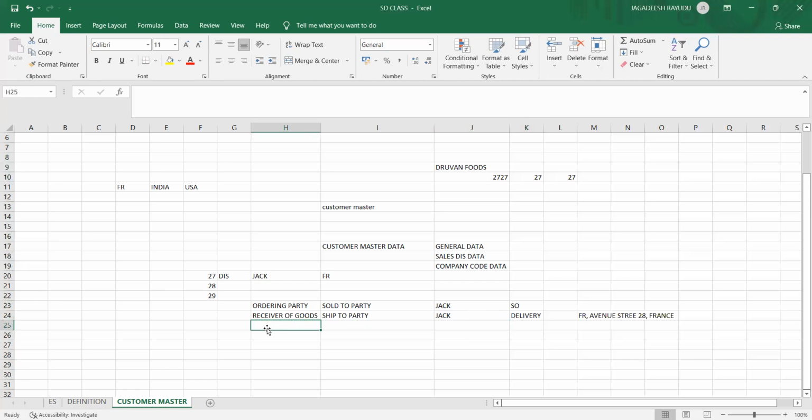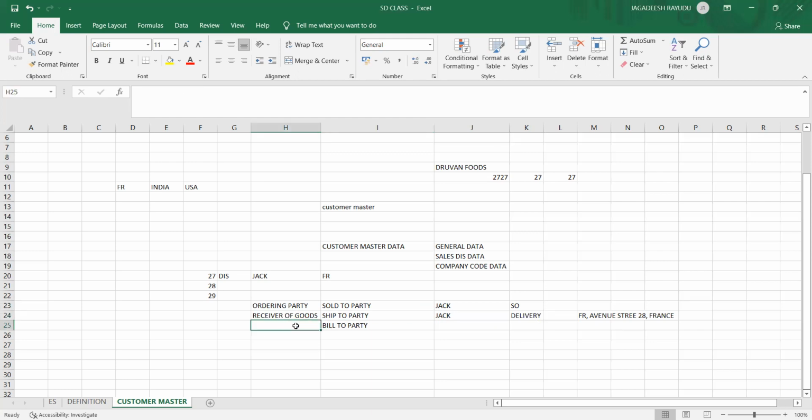Now let's take bill to. Another function is bill to. Suppose you went to some shop and bought a pack of biscuits. Then Guru is the ordering party. Guru is taking the biscuits himself, so Guru is the ship to party.